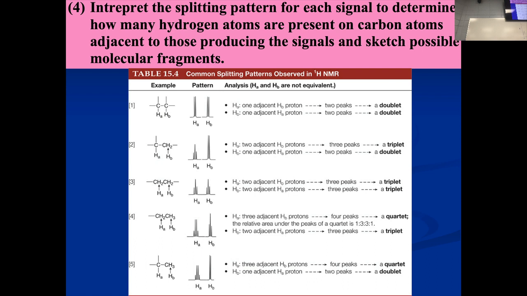Okay? Notice this. It makes sense. Hydrogen A has how many neighbors on the top one? How many HBs are there? 1. What's 1 plus 1? 2. That's why it's a doublet. HA here has 2 neighbors. 2 plus 1 is 3. So guess what? It appears as a triplet. All you got to be able to do is add the number of neighbors plus 1. It's the N+1 splitting rule. Okay?